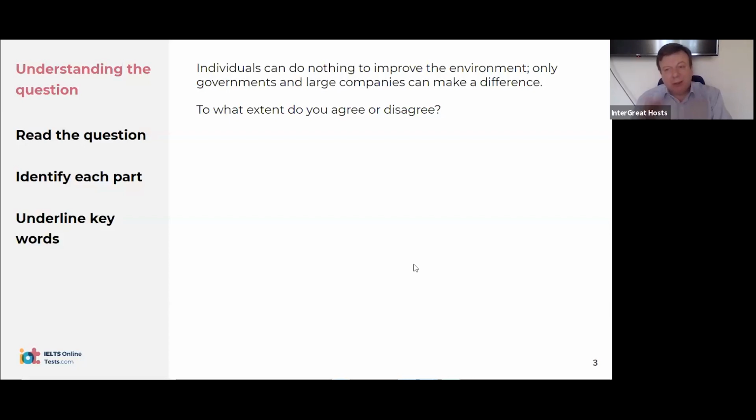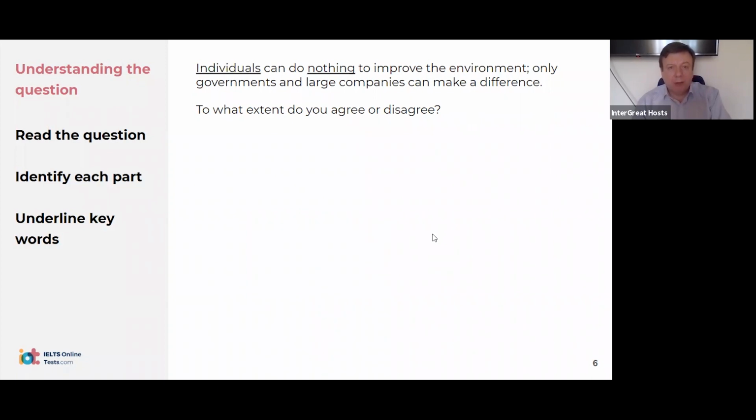You can agree, disagree, and you can be partly in the middle, but you can also strongly agree or strongly disagree. That's perfectly okay. And you'll see as we go through the slides how we develop that.